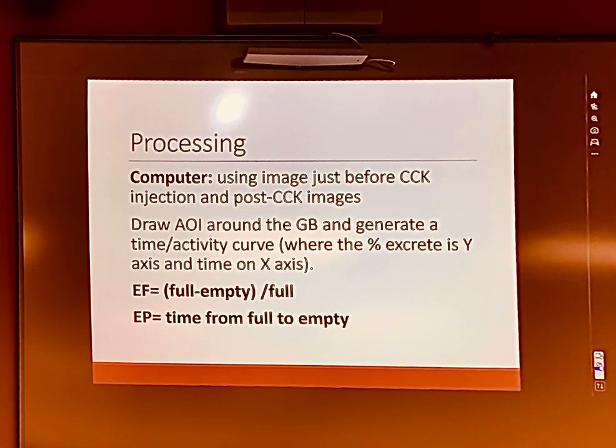Then you gave the patient the CCK, sent them out to the waiting room for half an hour, and brought them in and took another picture for 500K. You've got one picture here and one picture here. So you go into your computer, and you draw something called an AOI or an ROI, an area of interest or a region of interest, around the gallbladder.